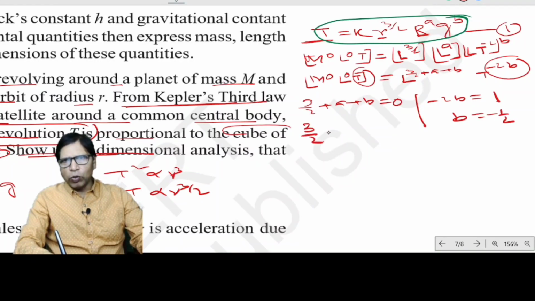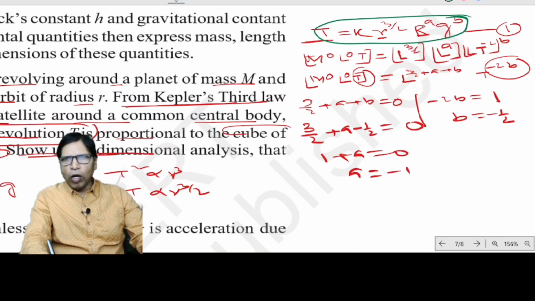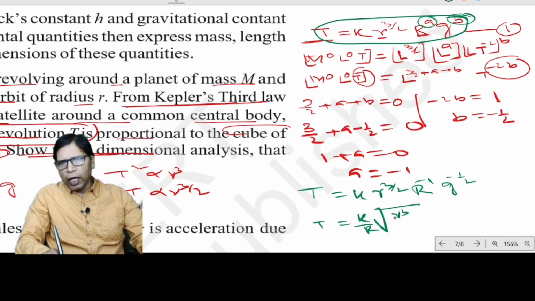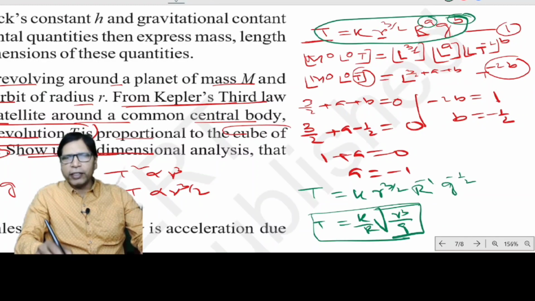Now 3 by 2 plus a minus half equal to 0, so 1 plus a equal to 0, so a equals minus 1. No problem. Now putting the values of a and b, we get T equals k into r to the power 3 by 2 into R to the power minus 1 and g to the power minus half. So T equals k by R root over r cube by g, which is the expression of the period of revolution of a satellite.